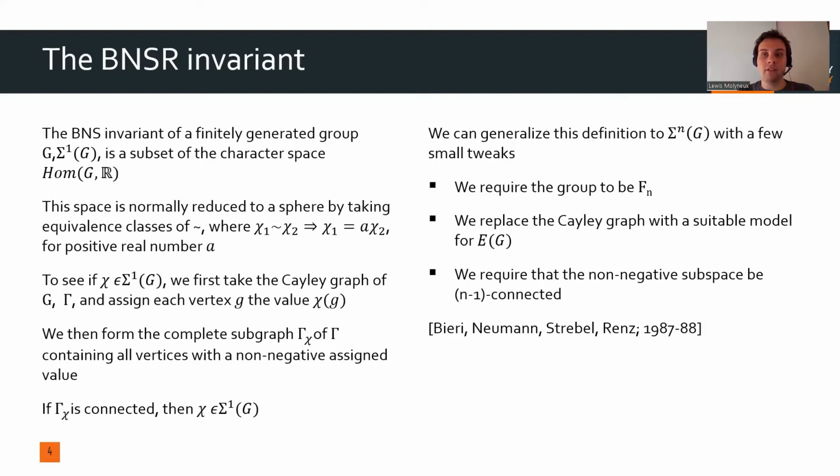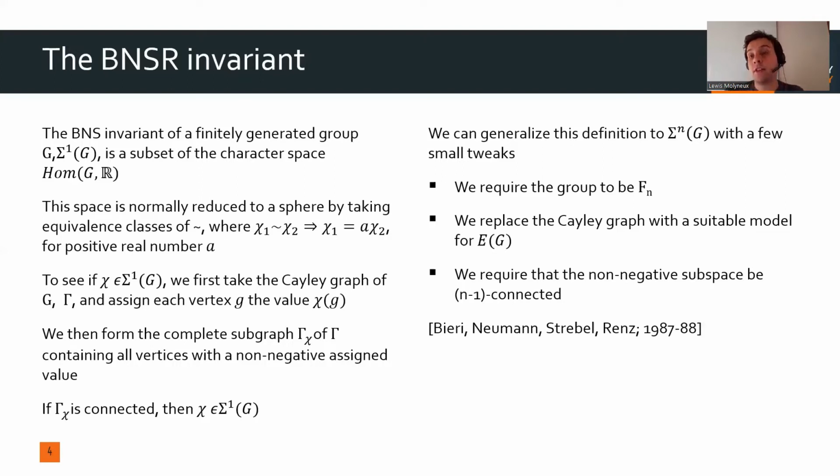So if chi of g is equal to 2, then that vertex is going to be labeled 2. And then we're going to cut our Cayley graph in half and take all the vertices that have a label greater than or equal to 0. And from there, we're just going to see if that top half of our Cayley graph is connected. If it is connected, then that character is in our BNSR invariant, otherwise it's not.